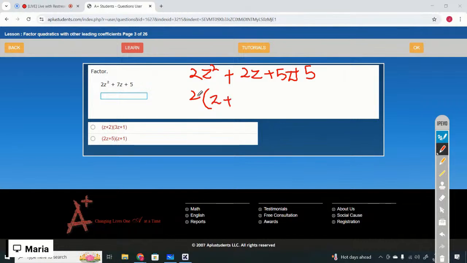That is z plus 1. So z plus 1 is common and 2z plus 5.